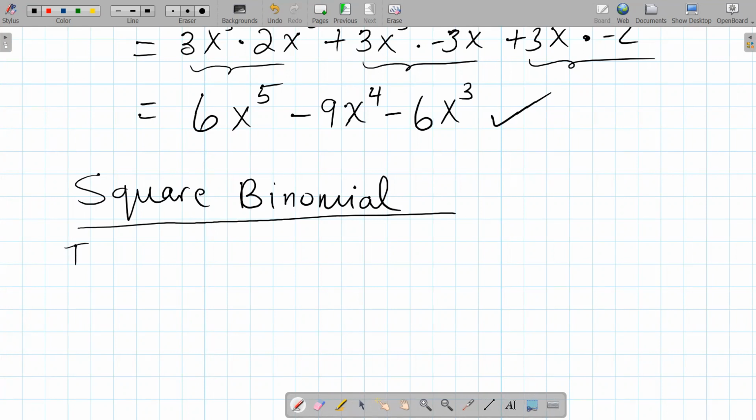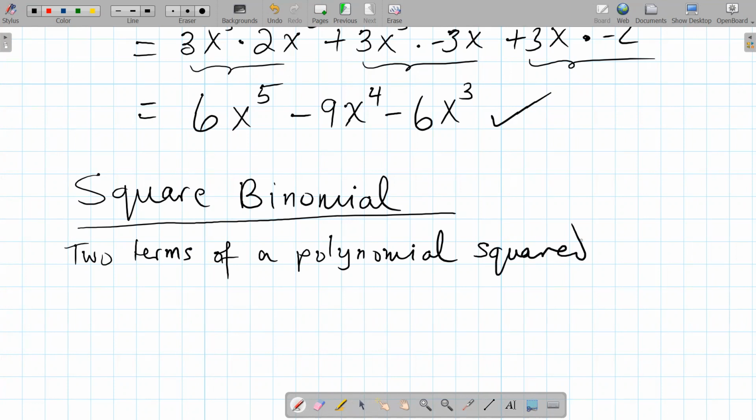Basically, 2 terms of a polynomial squared. For instance, if I have a plus b, these are 2 items, so I square.